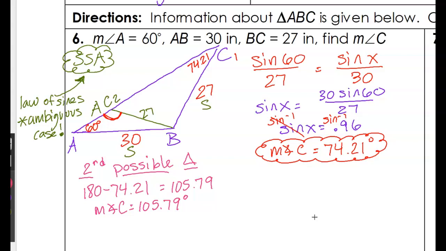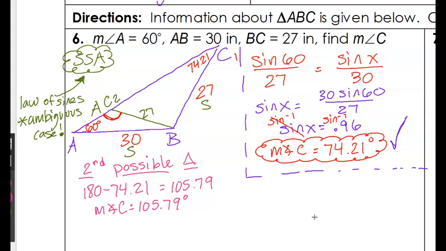However, technically here, you still have no idea if this is a true possible angle. The only thing to know is to now check your answer. So we know for sure that this is a possible answer because when we solved it, our calculator didn't give us an error. If it had said error, it would mean there's no triangles.